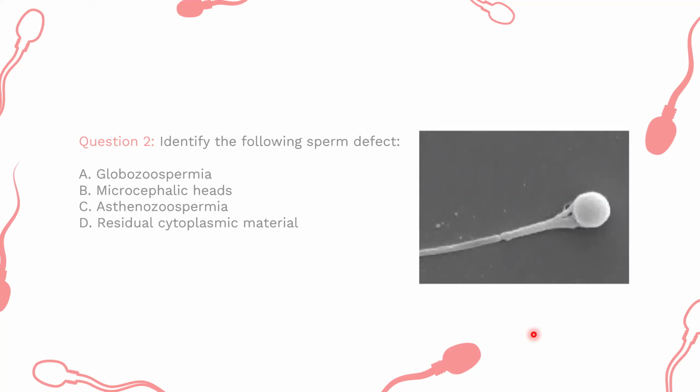As you can see here from the head of the sperm, it looks like a globe, right? It's very rounded, very smooth. It doesn't have the pointed head that we typically see. So this is globozoospermia. Microcephalic head means a super tiny head, so this isn't the case here.